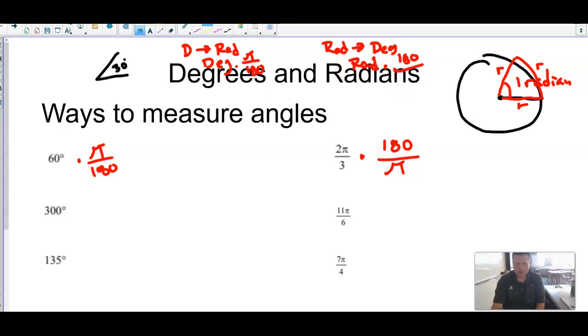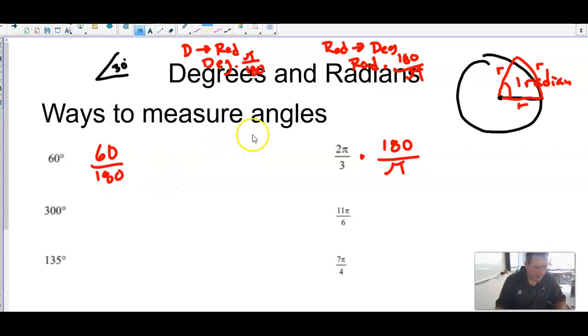So if I look at this one right here, I would take 60 and times it by pi over 180, but we want to leave it in terms of pi. So probably the best thing to do here would be to take this 60 and divide it by 180 and simplify that.